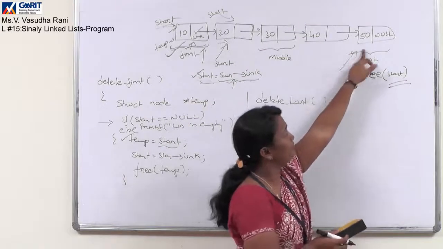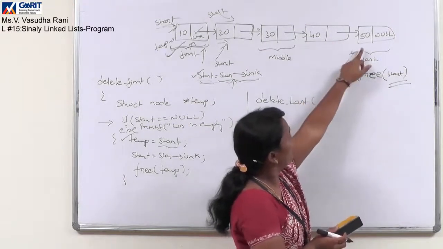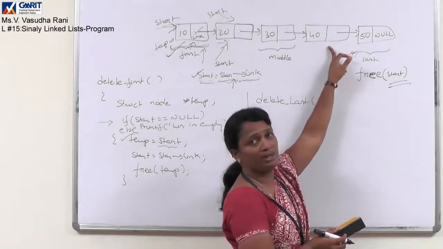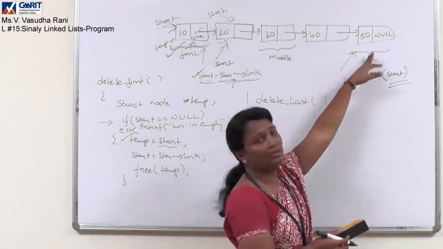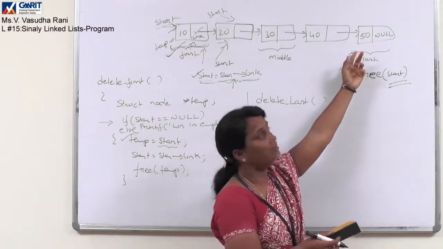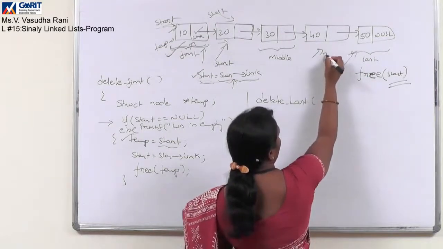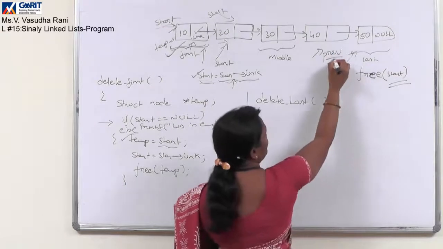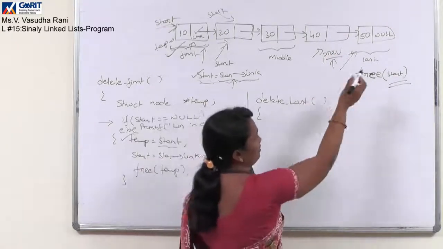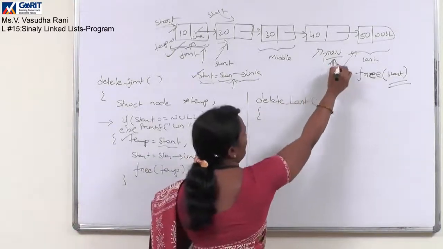While traversing, the previous node of this last node has to have its address made null, because the next node of this particular node is going to be deleted. So this particular node also should be referred to with a new pointer like previous, and we can delete the next one. We have to store this particular pointer.